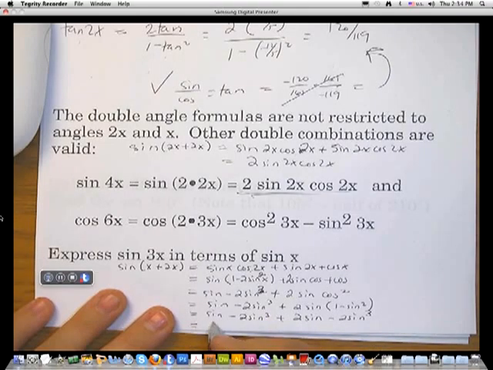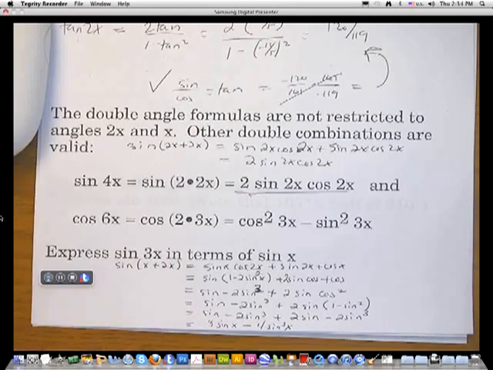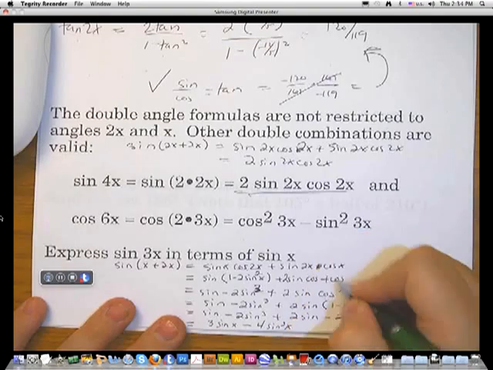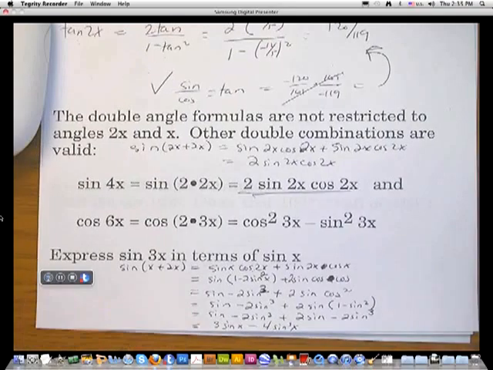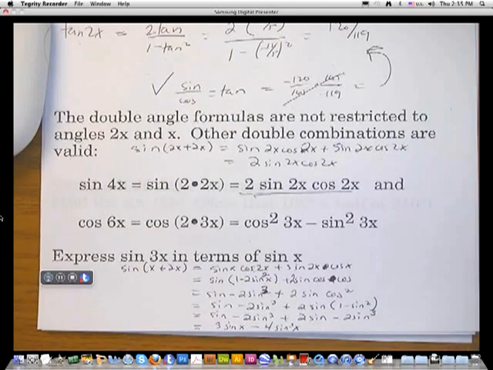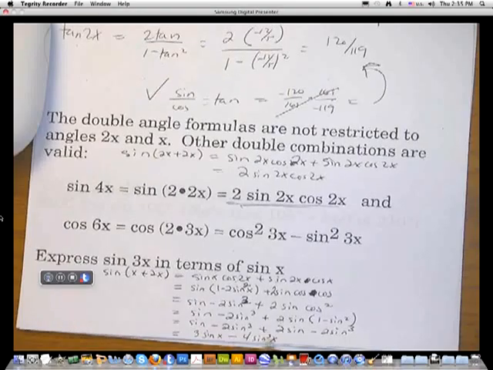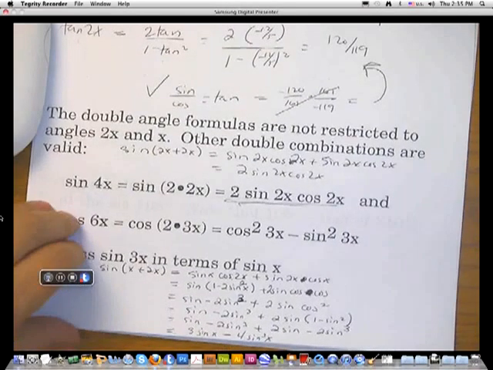Combine like terms, we get 3 sine x minus 4 sine cubed of x. This is a multiply up here. That's why that became cosine squared. That's a multiply. So that's how we took a 3x and made them into single x's.